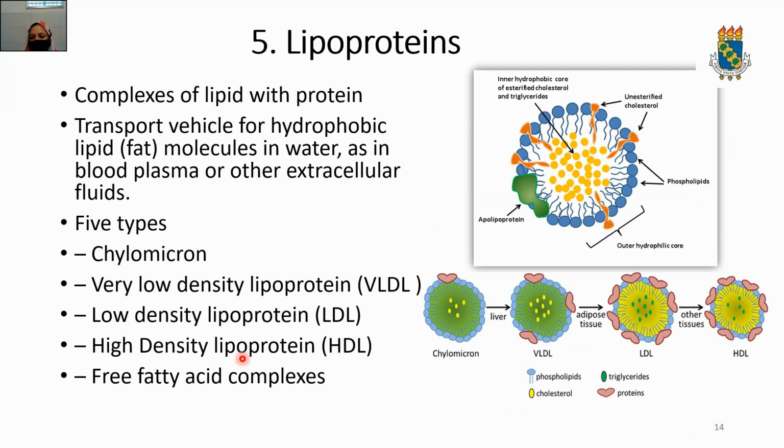Now the fifth category of the compound lipids is called the lipoproteins. These are the combination of lipids with some kind of protein. Basically these lipoproteins are associated with the transport of hydrophobic lipids in water, such as in blood plasma or other extracellular fluids in which these fats cannot move.